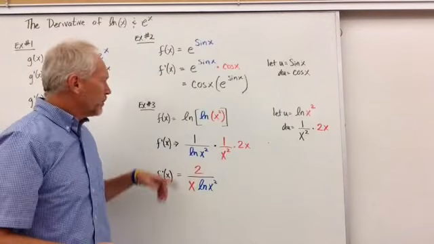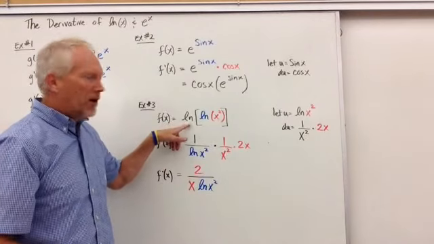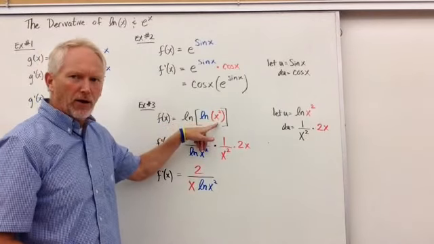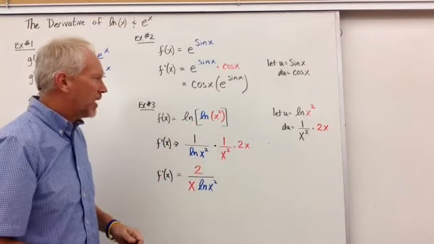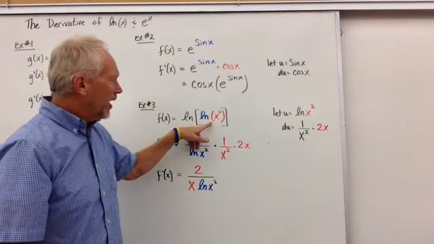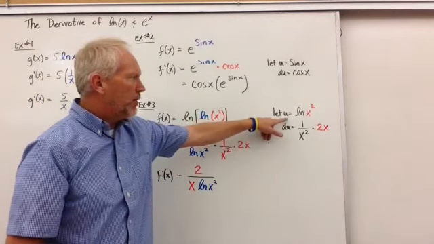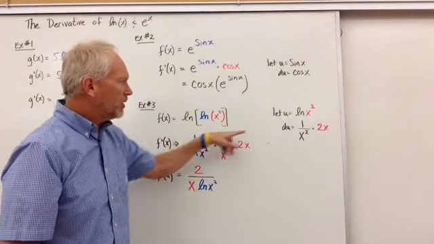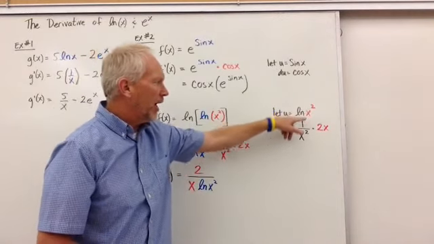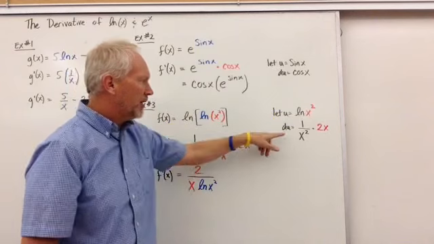Example number 3. So ln of x squared. All right, so a lot happening here. I've color-coded these so we can see what's happening. The ln on the inside, I'm going to let that be the u, right? Well, from u substitution, we can say that let u equal x squared. That's the inside piece.